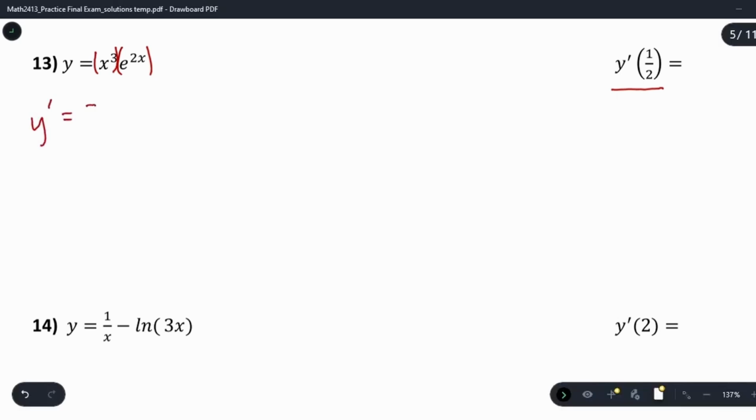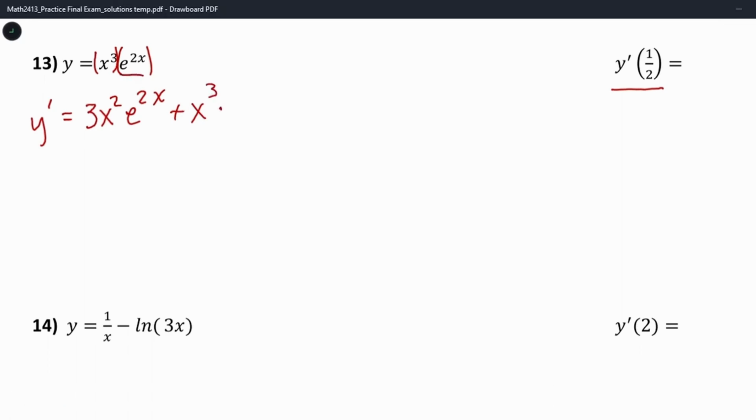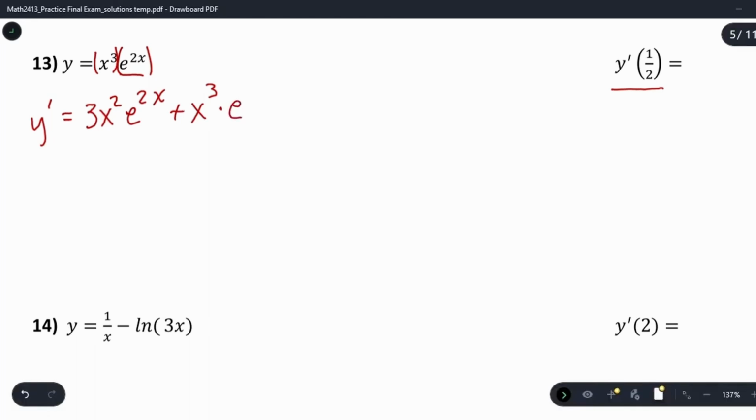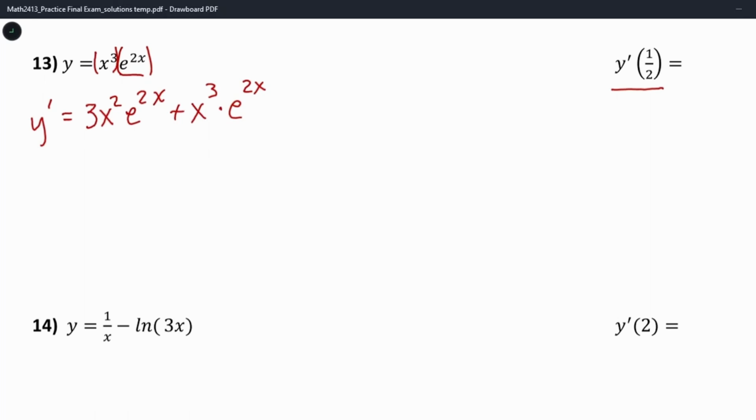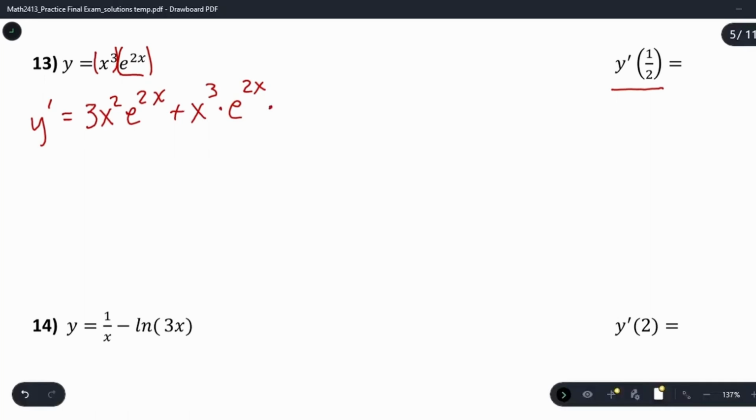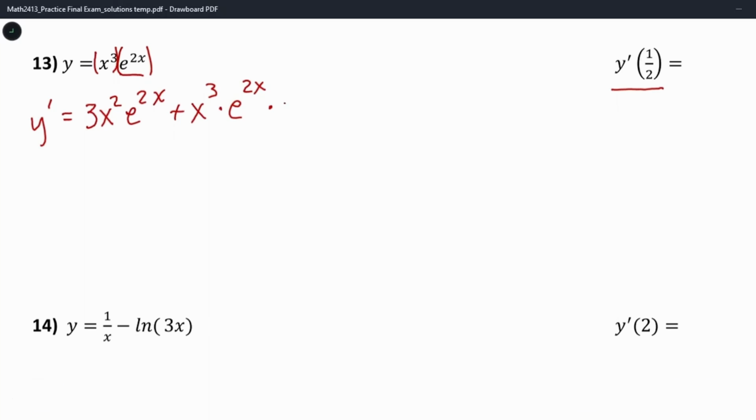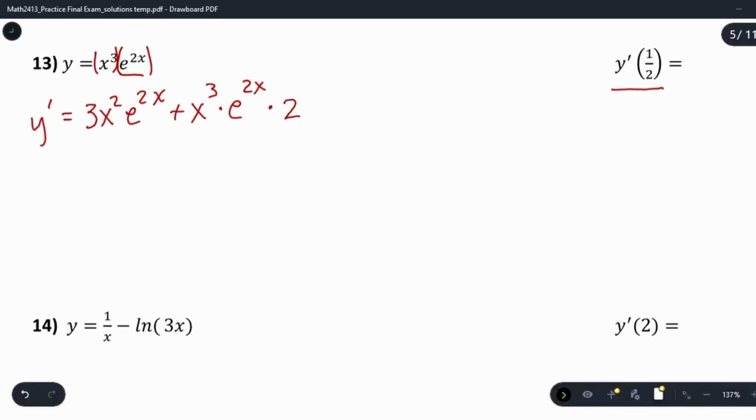So we're going to take the derivative of the first times the second plus the first times the derivative of the second. Now the derivative of e to the 2x is itself, and since the exponent is not just x, we will have to apply the chain rule. So multiplying that times the derivative of the exponent gives us a 2.